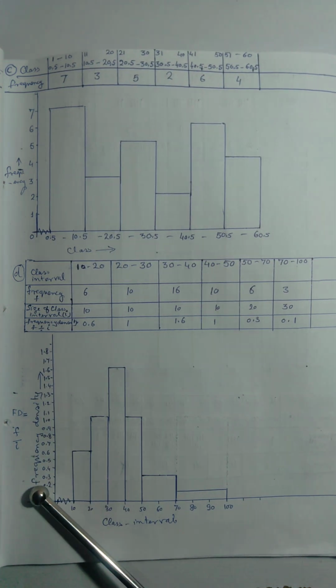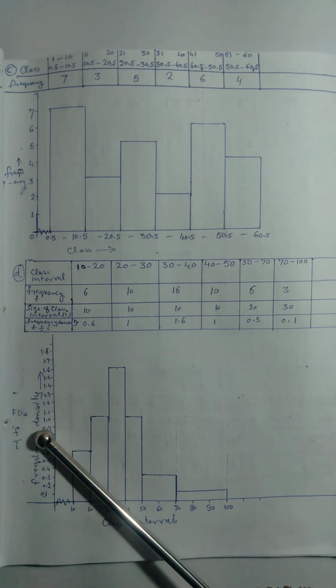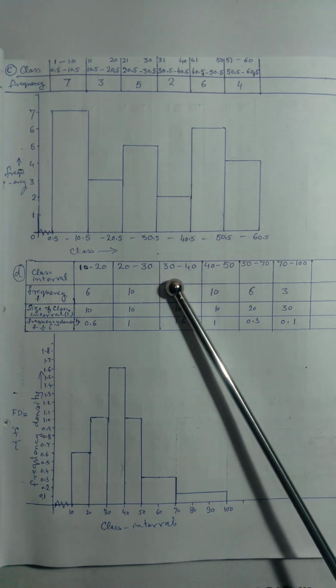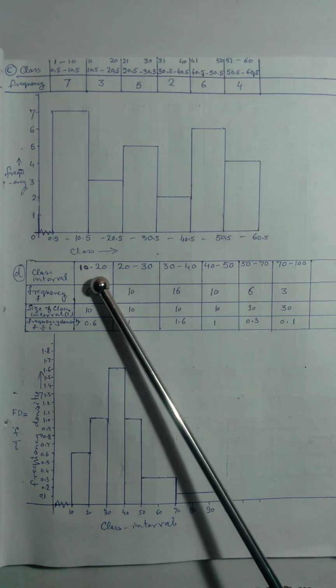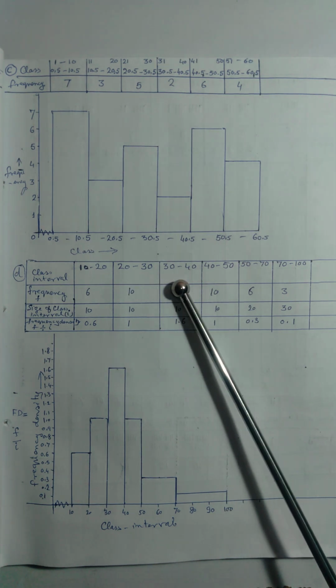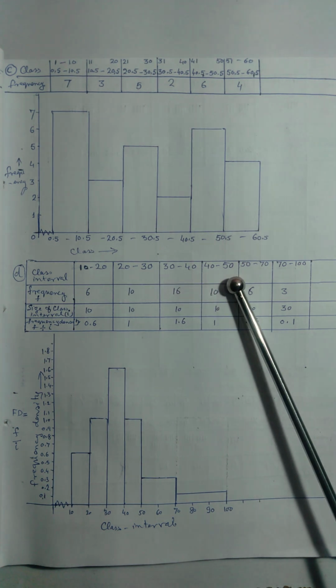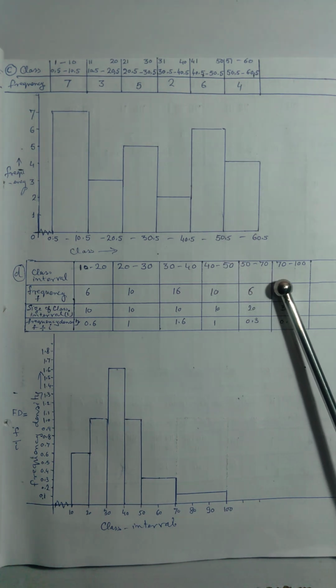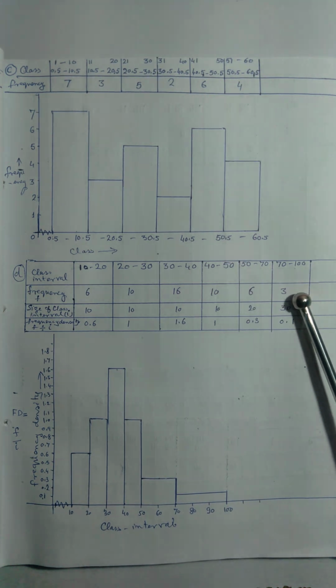Why was the frequency density required? Because the class interval is not uniform. You see, 10 to 20, 10; 20 to 30, 10; 30 to 40, 10; 40 to 50, 10. Now here you see 50 to 70, 20; 70 to 100, 30.